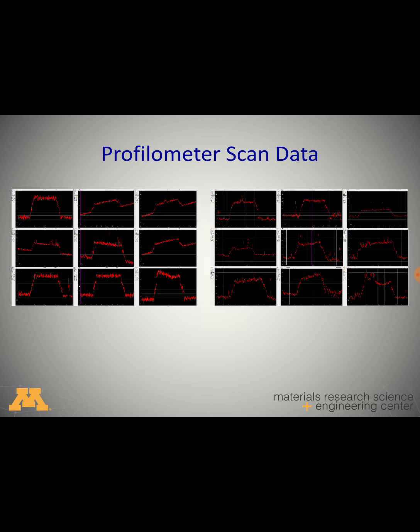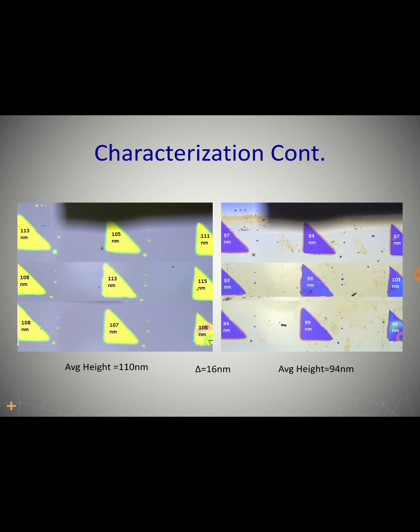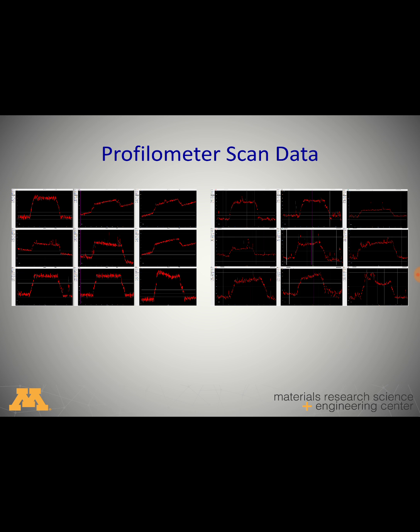Since we're aiming for about 70-80 nanometers, 94 nanometers originally is close enough to what we want, because that's going to overlap just slightly with the applied nanowires that are going to be placed on the substrate. And so we have here some profilometer scan data, just to show you an example of what the data looks like before and after the reactive ion etching procedures.